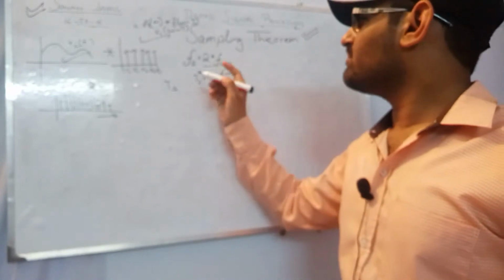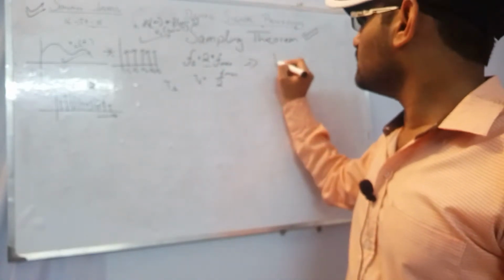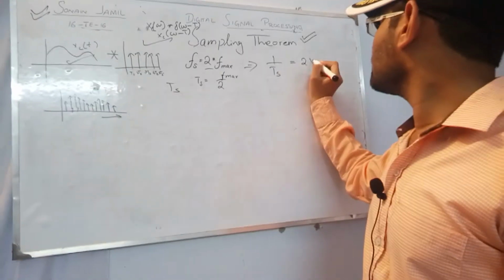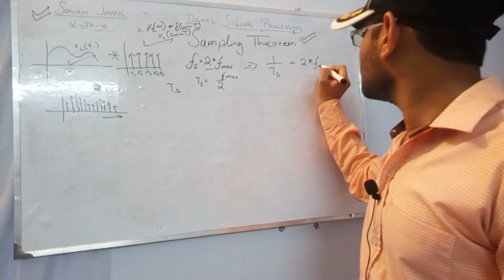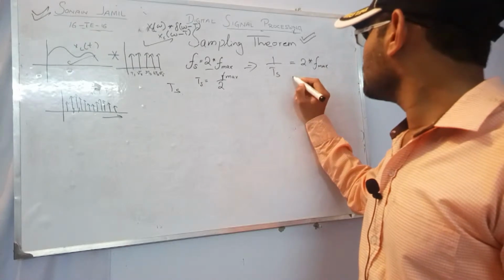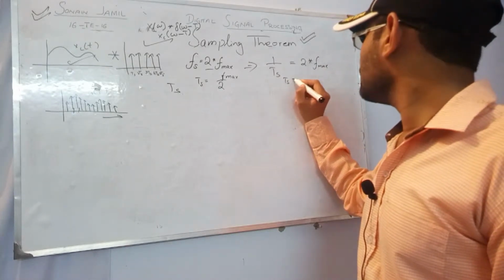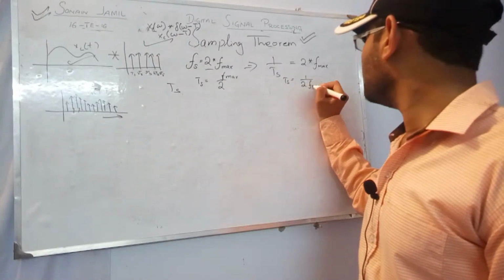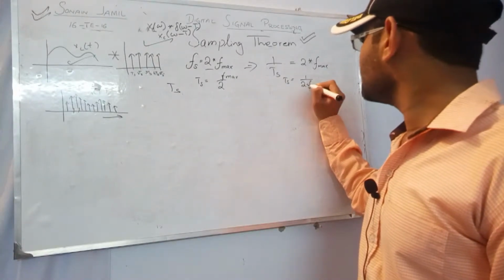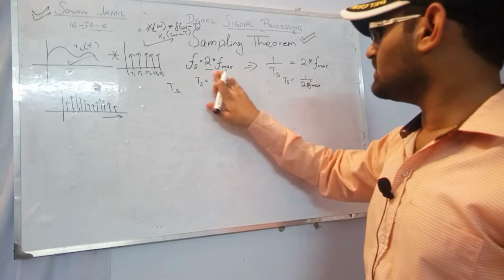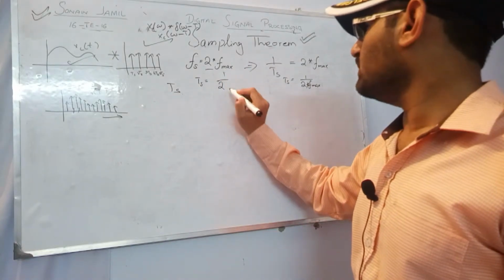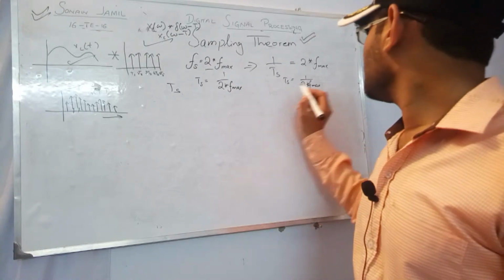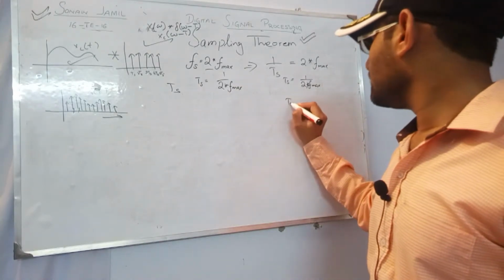If I just substitute 1 over Ts, Ts would be 1 by 2 f max, so it will come out to be the maximum time period.